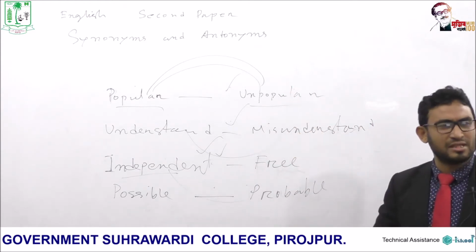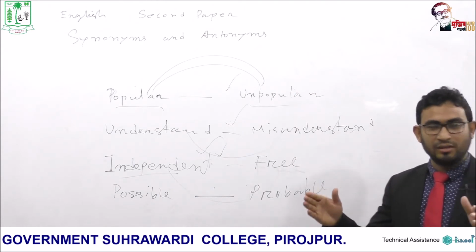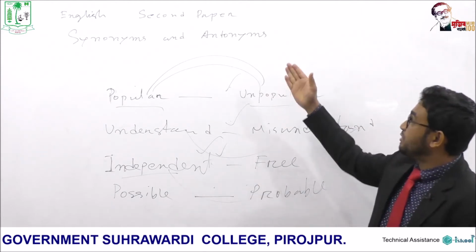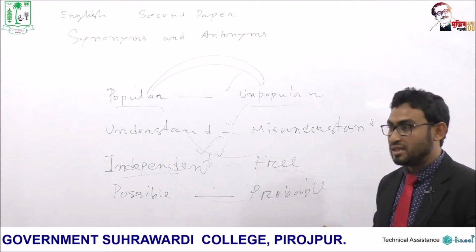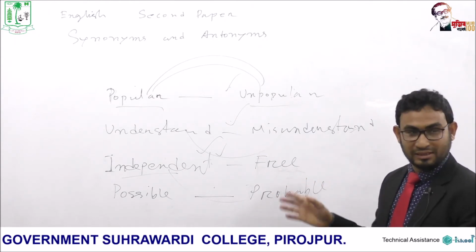We know the meaning of synonyms. That is, if two words have the same meaning, we can call the two words synonyms of each other. If two words have opposite meanings, then we can call these two words antonyms of each other.